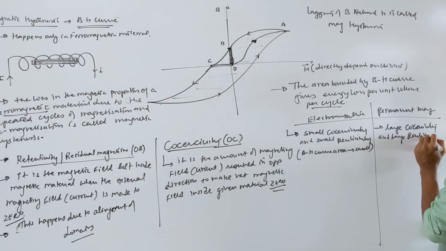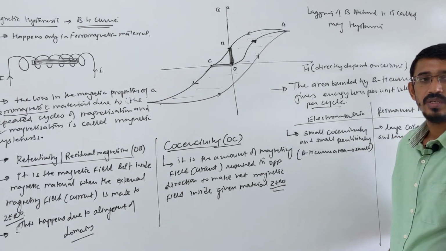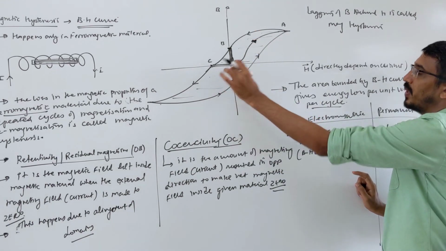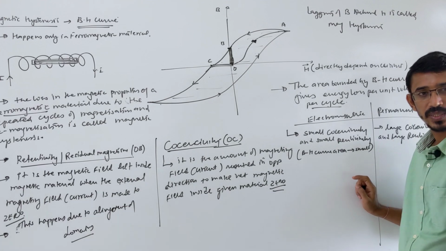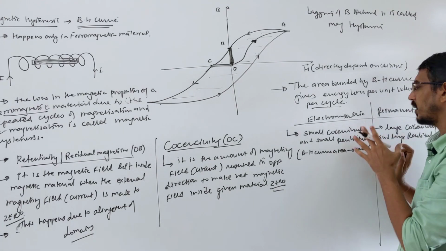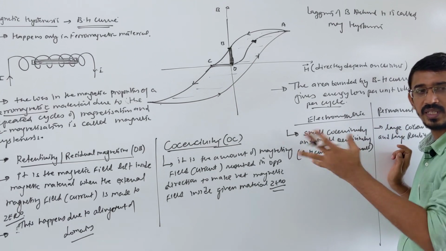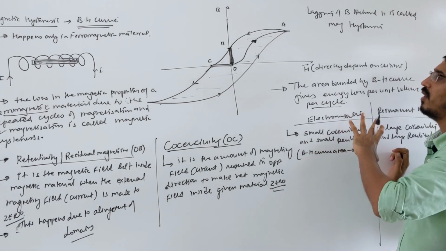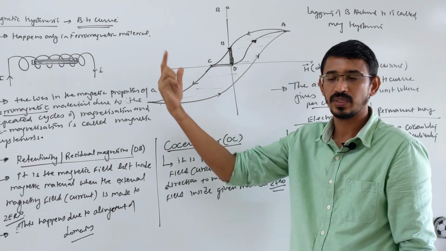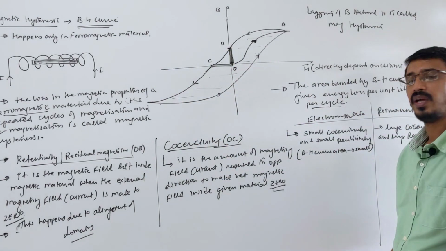Both values should be big. We don't repeat it, not like frequent magnetizing and demagnetizing. So we want to get maximum residual magnetism. You want this value maximum, so you need high coercivity and high retentivity.